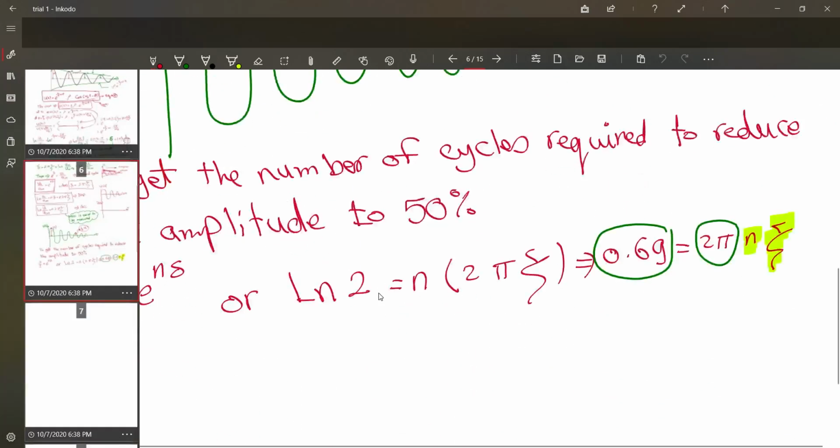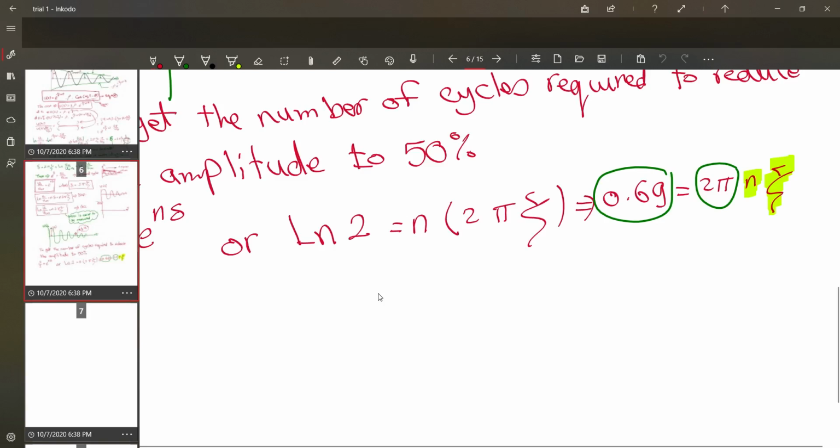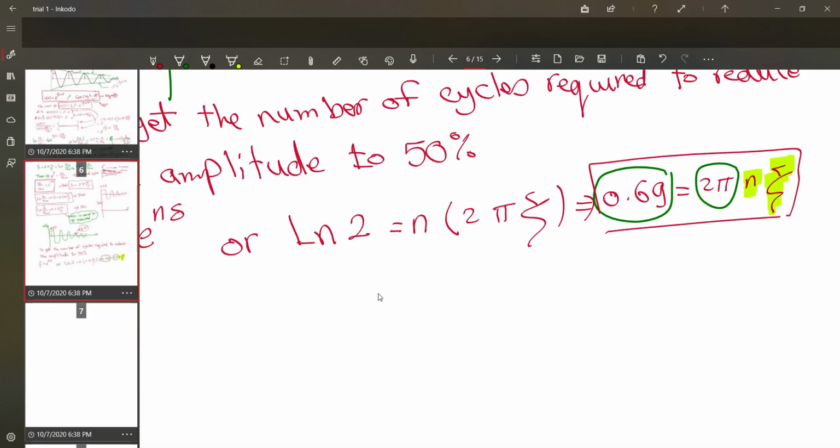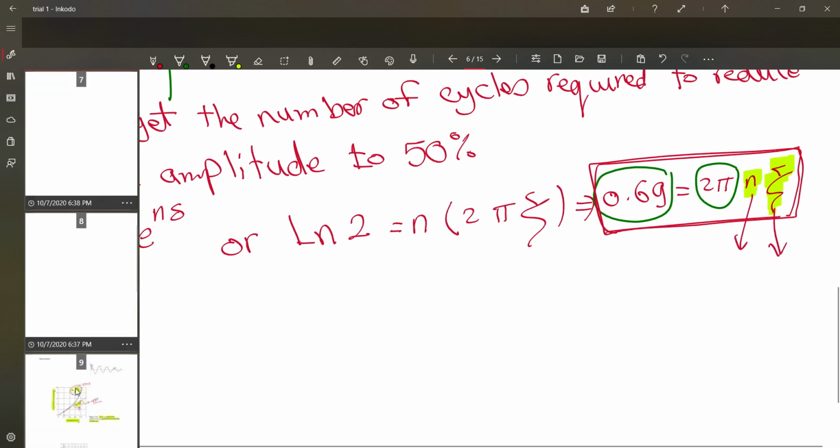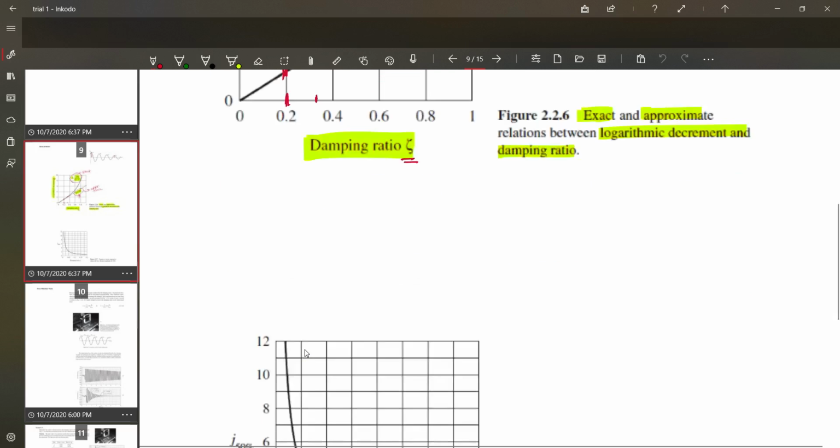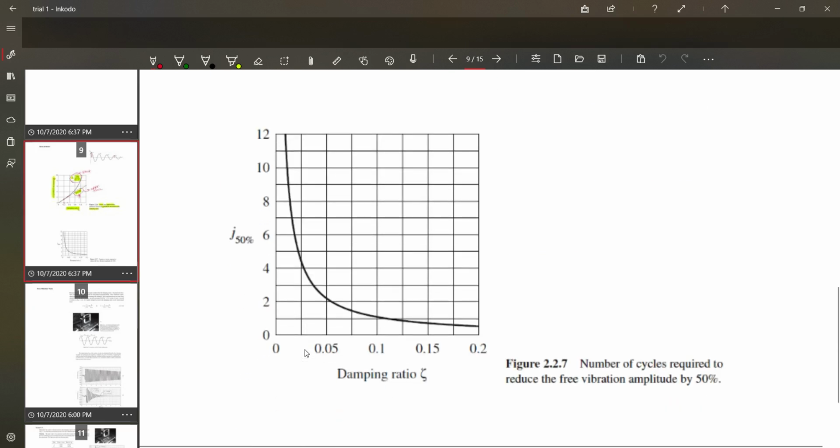Here we said that there is an equation that we need to make between n and psi. So this equation is going to be drawn between n and psi, and here this is the relation.